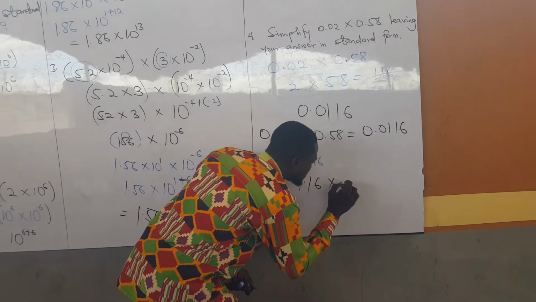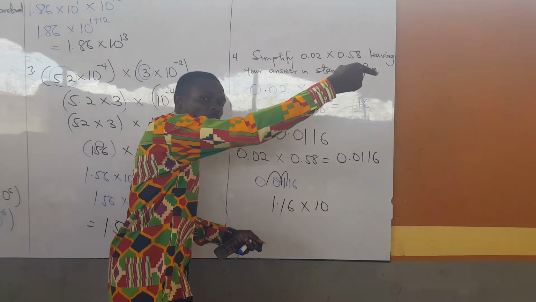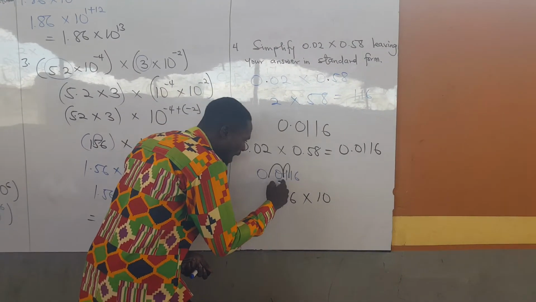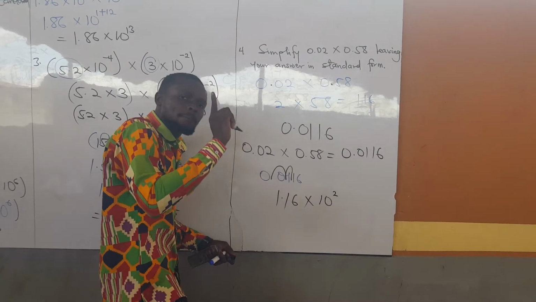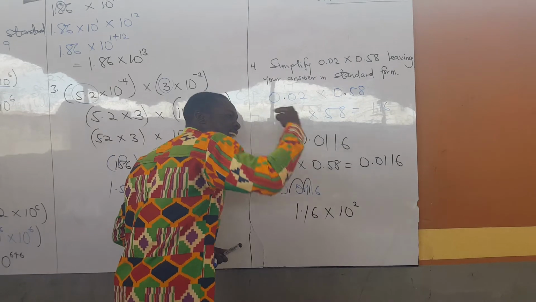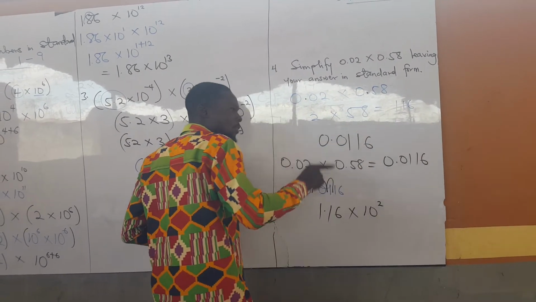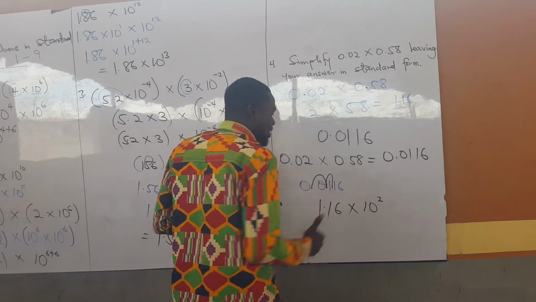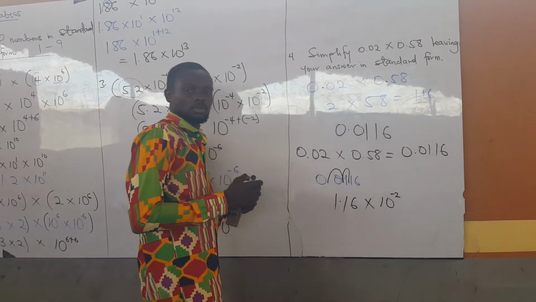So here we are going to get 1.16 times 10 raised to the power... How many times did we move? We moved 1, 2. So raised to the power 2. But because this time the movement was done to the right, it is going to be negative 2.